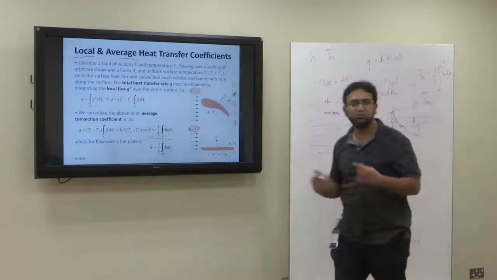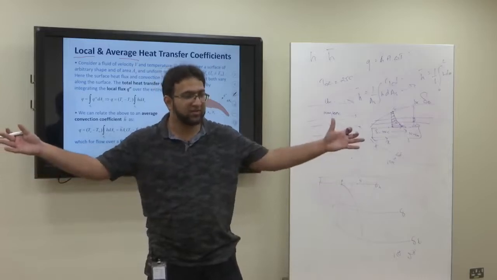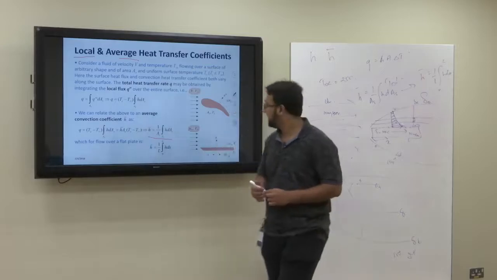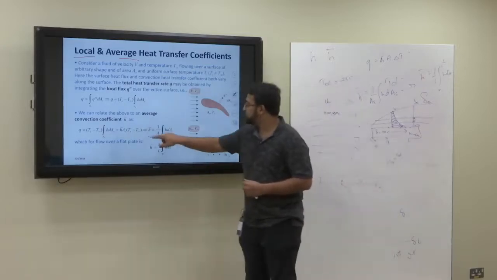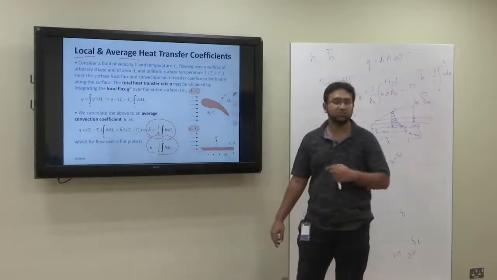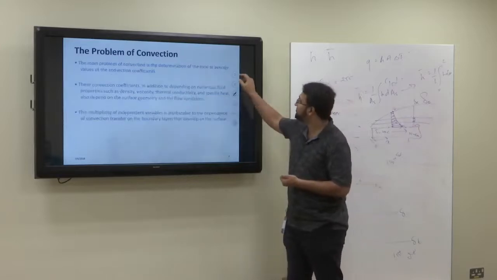So it's just saying: find the local heat transfer coefficient for the complete range and divide by the complete range. Those are the two formulas for the relationship between local and average heat transfer coefficient.